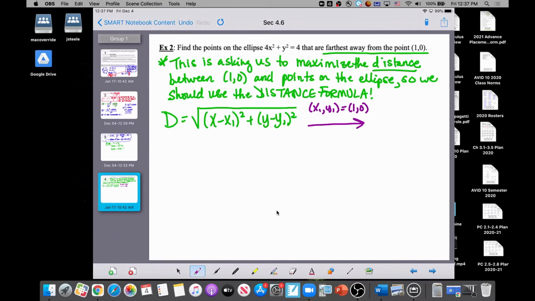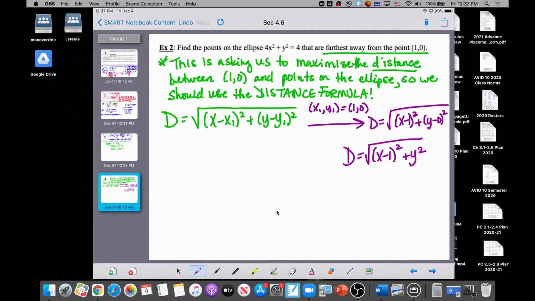That makes our distance formula equal to x minus 1 squared plus y minus 0 squared. And of course, we can simplify y minus 0 squared to be just y squared. So really, our distance equation is the square root of the quantity x minus 1 squared plus y squared.